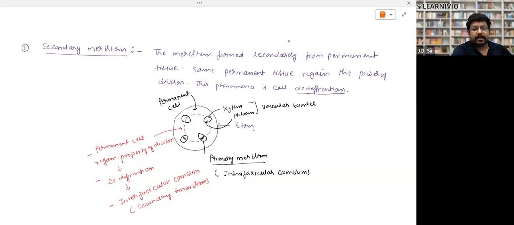Tell me frankly, is it clear? So please draw this diagram right now. What I have drawn, copy as it is.